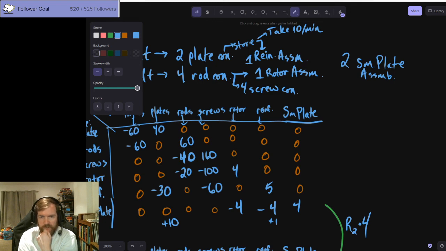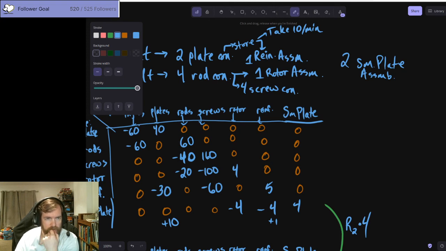Which then the screw constructor. How many are in each bundle of the screws? Nope, that's not what I wanted.